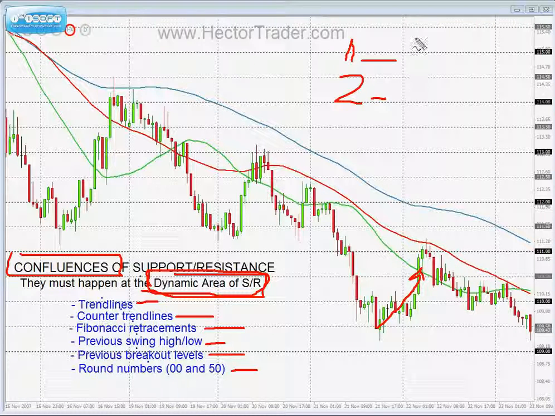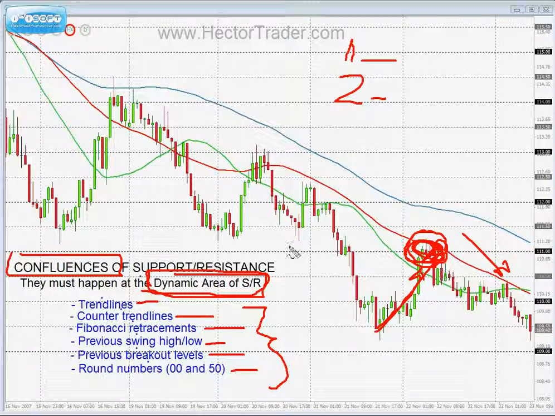That means that if I have a pullback to the dynamic area of resistance, but I cannot find few of these elements of support or resistance coming together around this area, this will not be a valid setup in order to search for an entry.